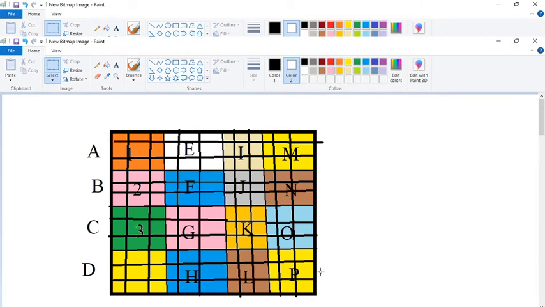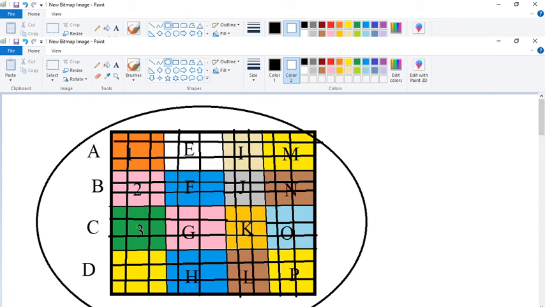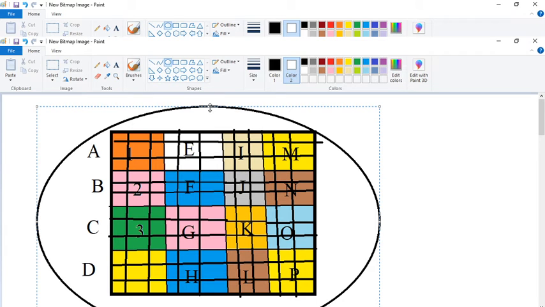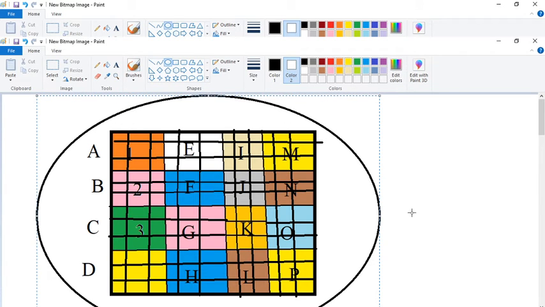Go for here. Suppose this is a square grid zone. This is the area selected for the study on the basis of purpose.